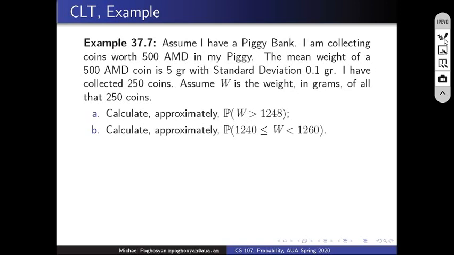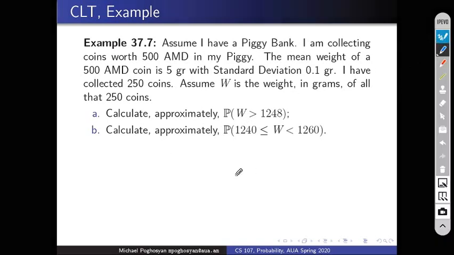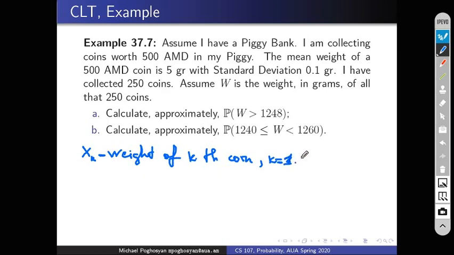Okay, to solve this I'm using CLT. So let me denote by xk the weight of the k-th coin. And I have 250 coins, so k is running from 1 to 250.